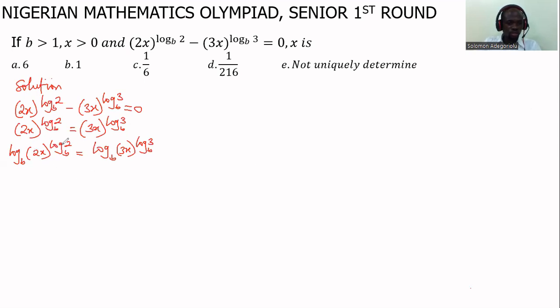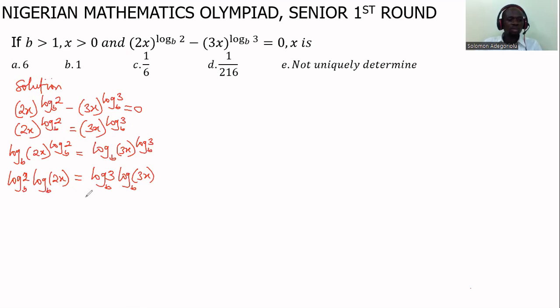Now, this is going to come to the back, and that becomes log 2 base b. Okay, then we also have log 2x, which is also equal to log 3 base b comes here, multiplied by log 3x. Okay, don't forget this is the same base b and base b.